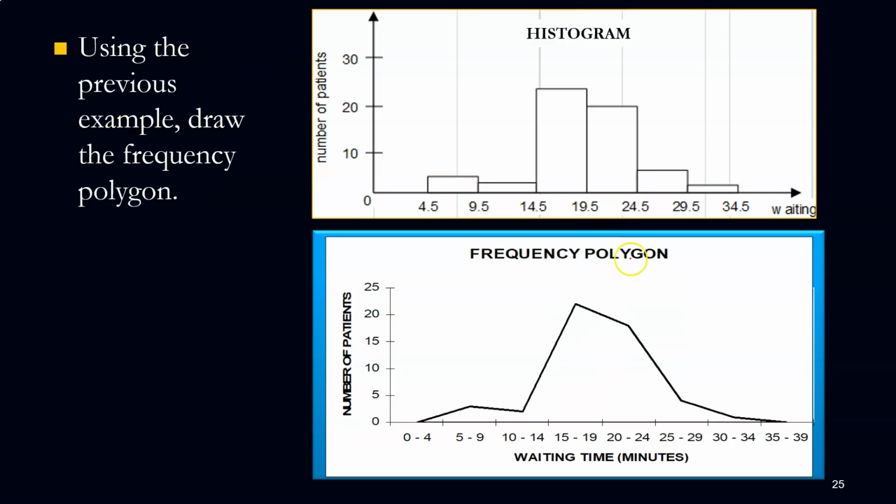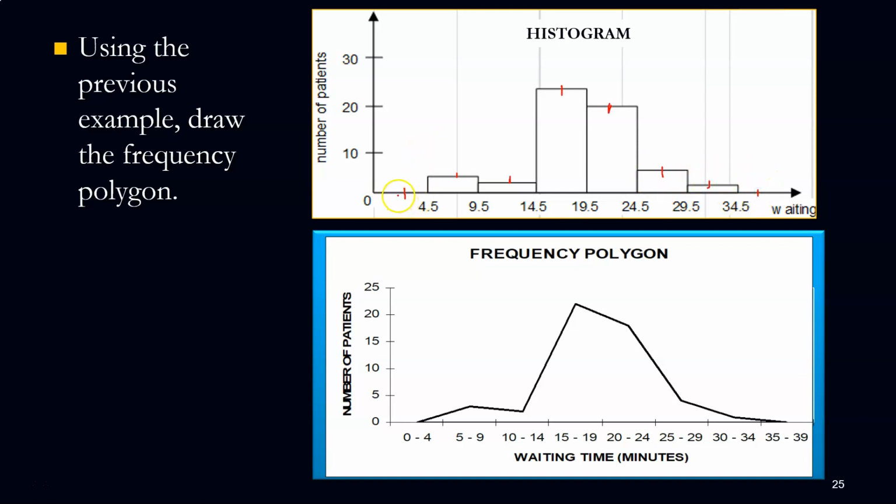Okay, then, for example, yang ni kita guna contoh yang tadi. This is your histogram. How you going to obtain your frequency polygon? You ambil titik tengah sini, tengah sini, di sini, sini, and the last one over here lah.